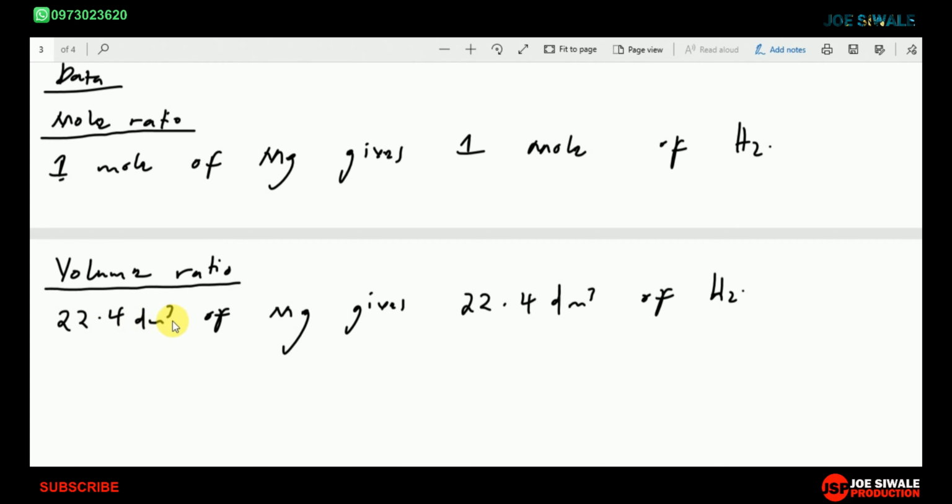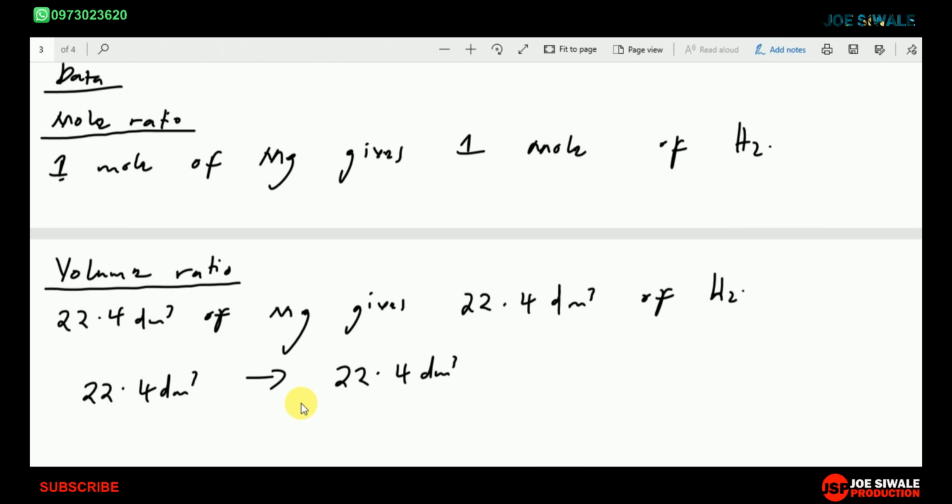And that's going to be the same with that of hydrogen gas. So to find our answer, we are going to say 22.4 cubic decimeters of magnesium gives 22.4 cubic decimeters of hydrogen gas.